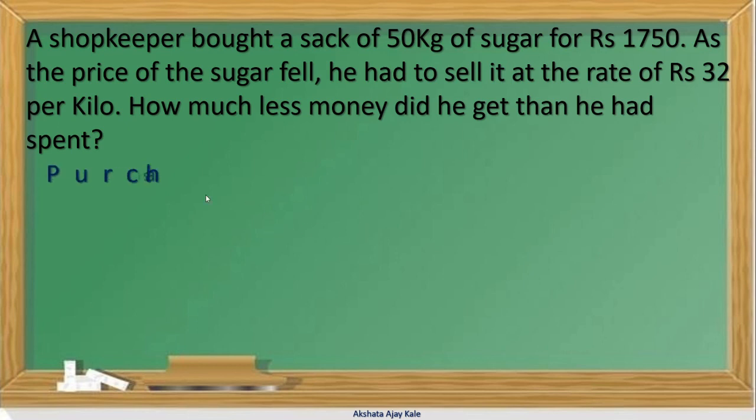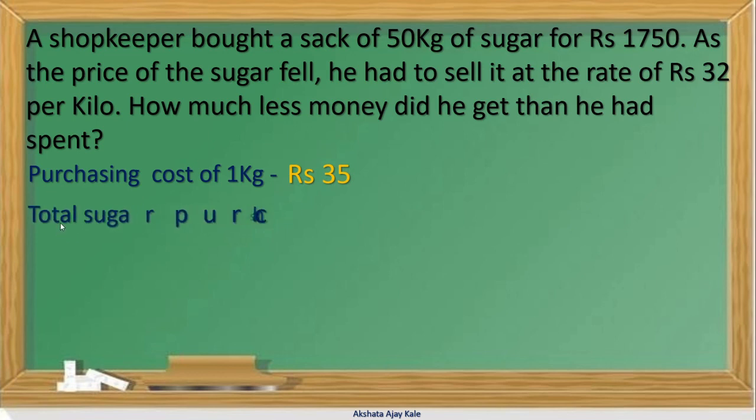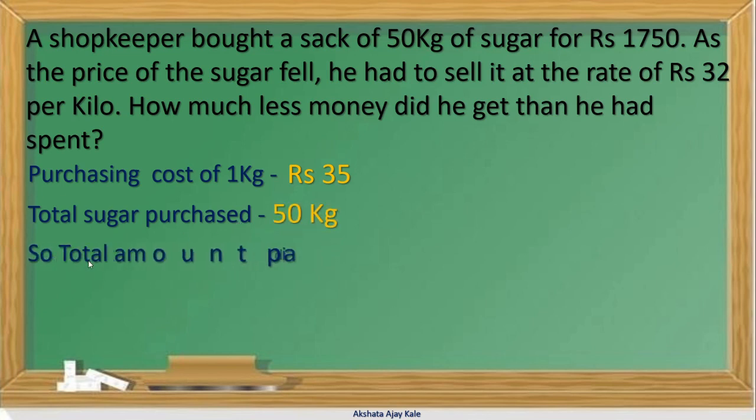Here, see, purchasing cost of 1 kg, that is we know rupees 35. Right? Total sugar purchased 50 kg. Correct? So total amount paid how much? 1750. This we know now. Now what we have to find out? What is the loss occurred? Right?